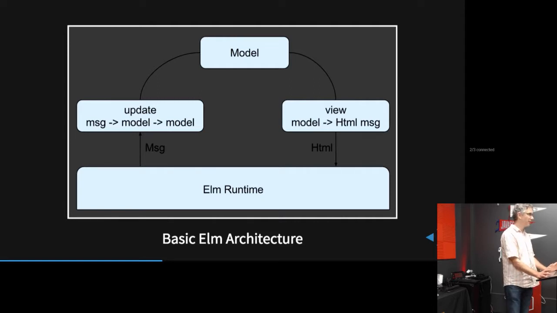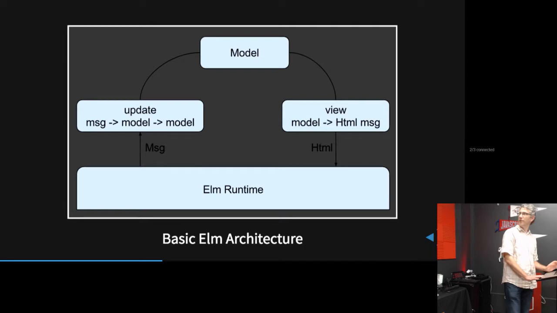You've got an update function, given a message and a model, it updates it and produces a new model. And a view can process that model and generate HTML, which in turn can generate messages if you interact with the HTML. And the Elm runtime handles the magic in between.